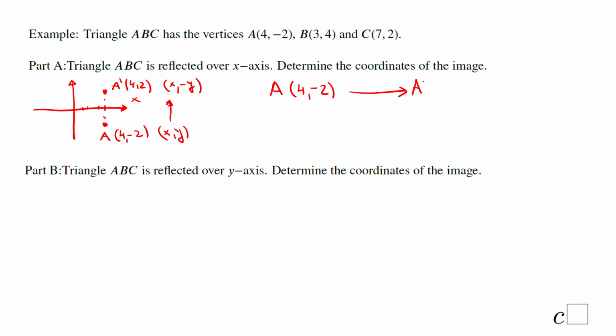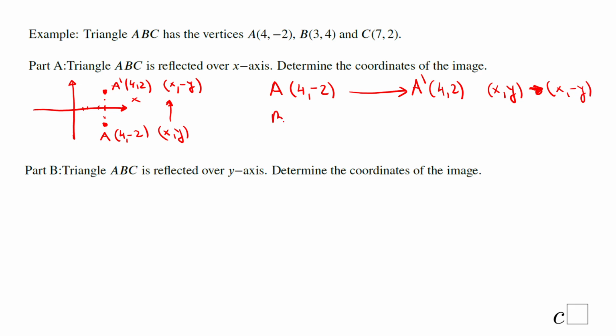A prime is (4, 2). So the rule says, let's put it this way, I think it's better: (x, y) becomes (x, -y).